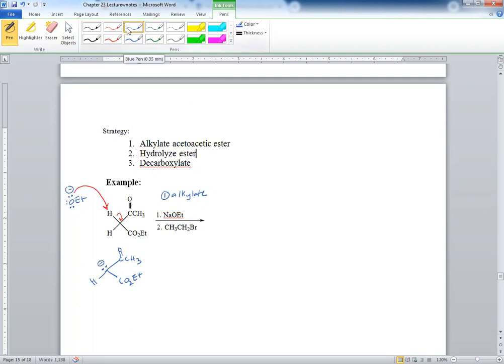And this will attack that right there, the primary alkyl halide, in this case, the ethyl bromide.